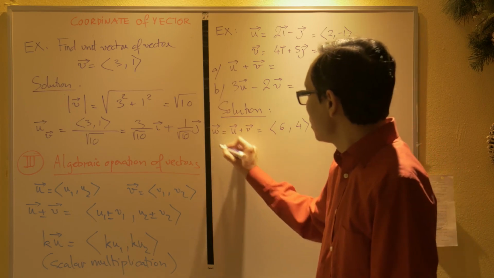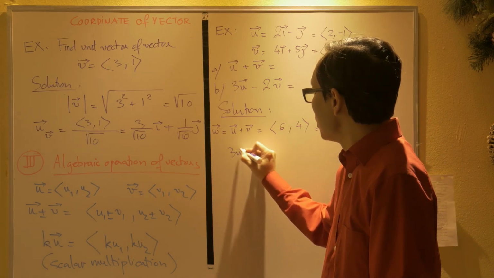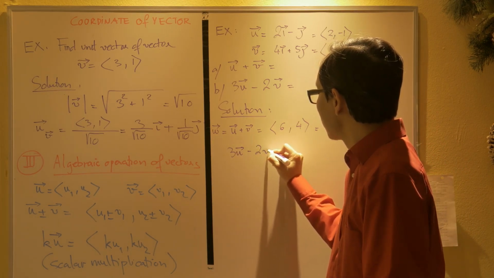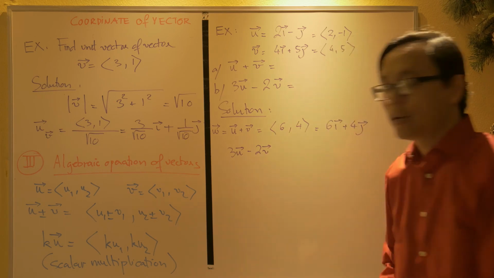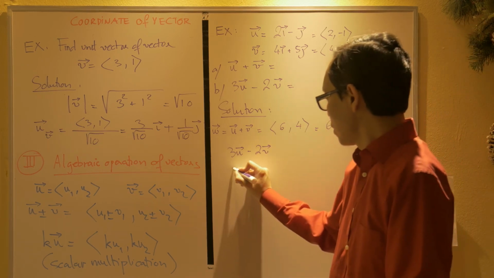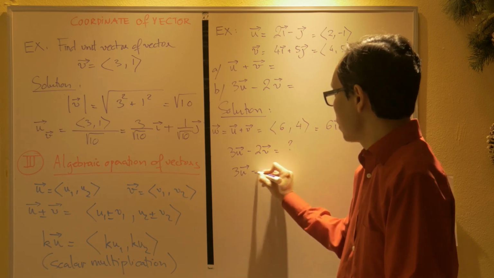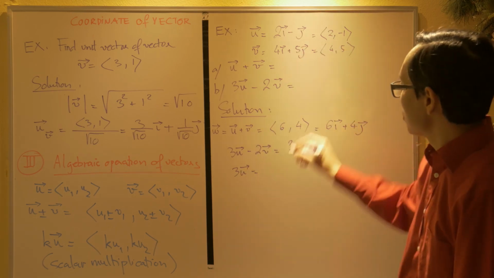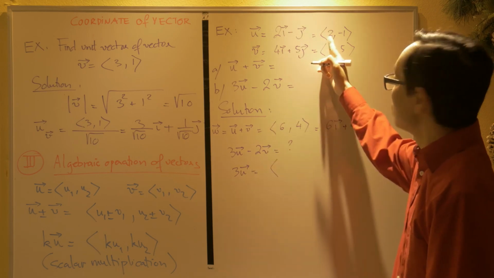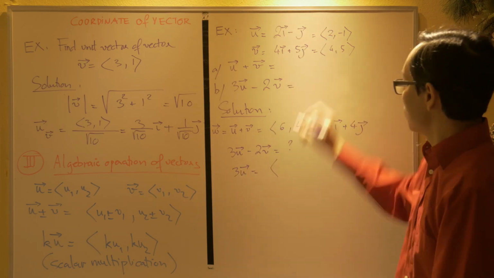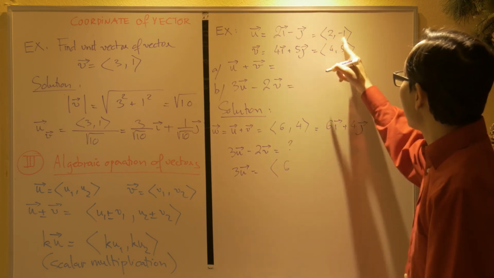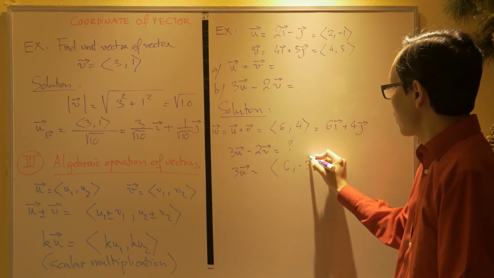So for part B, you want to find 3u minus 2v. First of all we need to find 3u. If you multiply 3 by each component, 3 times 2 is 6, and 3 times negative 1 is negative 3.